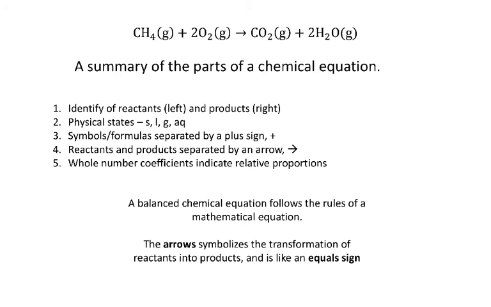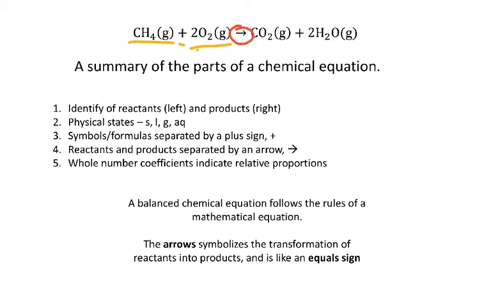It will also include the symbols and the formulas of the reactants and products separated by plus signs, right? So it looks kind of like a math equation, where on the left we have our reactants, we have methane gas and oxygen gas. The reactants and the products are separated by the arrow.